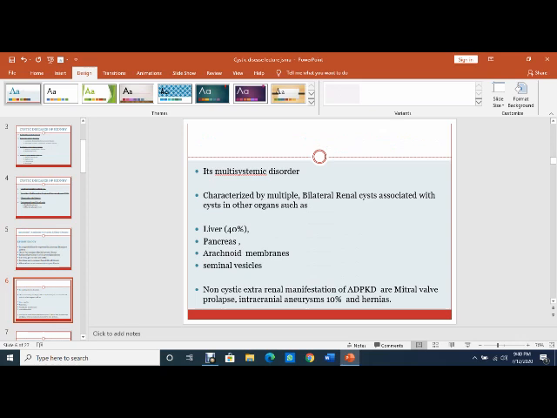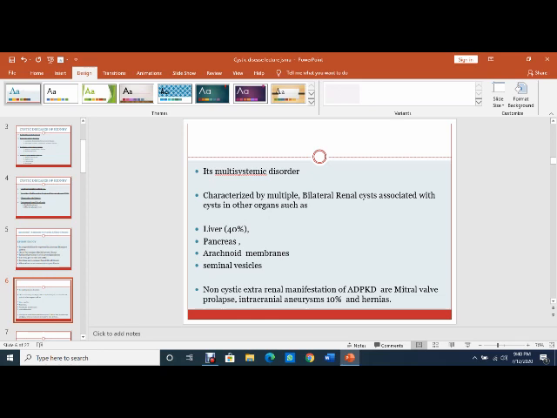It is a multisystemic disorder characterized by multiple bilateral renal cysts that are associated with cysts in other organs. Why is it called multisystemic? Because apart from the kidney, cysts can occur in the liver, pancreas, arachnoid membrane, and seminal vesicle.